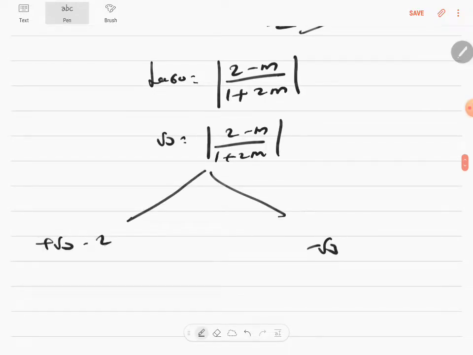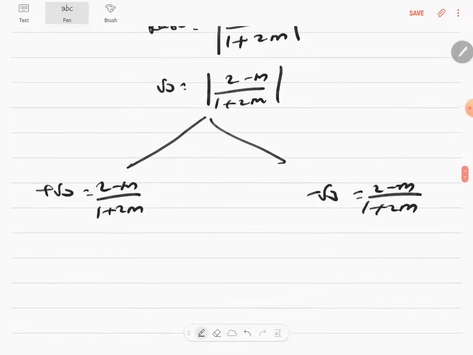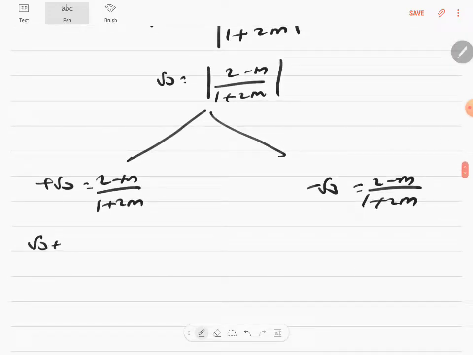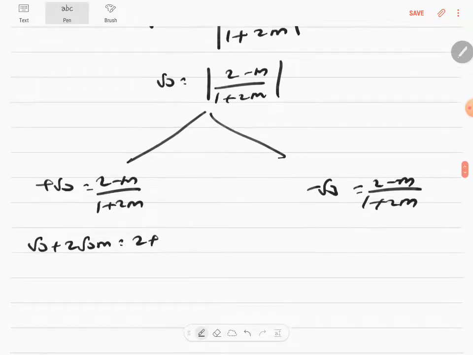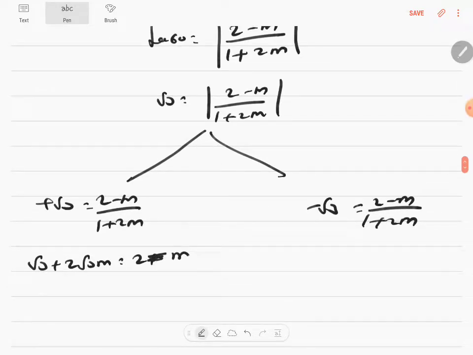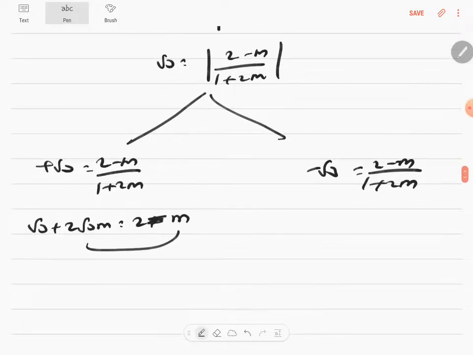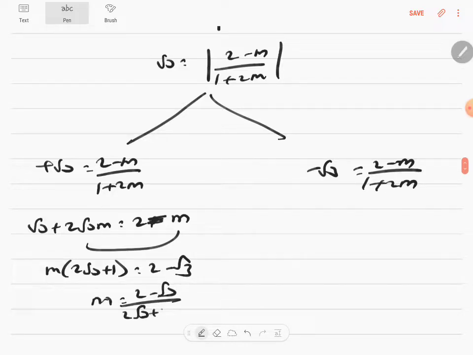So it's (2 - m)/(1 + 2m) in both the cases. Cross multiplying, root 3 + 2 root 3 m = 2 - m. So m can be grouped: m(2 root 3 + 1) = 2 - root 3. Thus m itself is (2 - root 3)/(2 root 3 + 1).